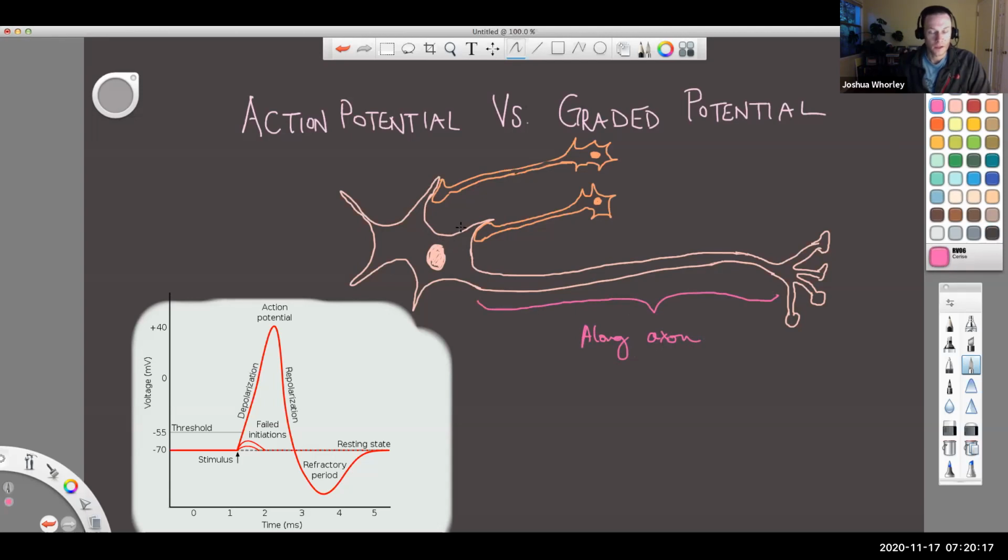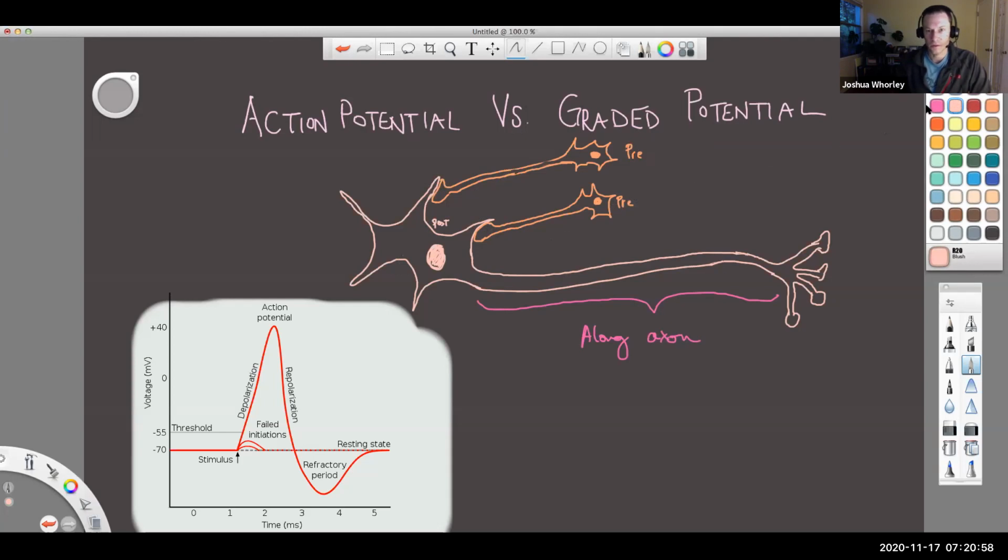And the reason they're occurring there is because they are basically collecting or responding to stimuli that are passed from presynaptic cells. This is a presynaptic cell here, and this is a presynaptic cell, and we're thinking about these focal synapses, with this being our postsynaptic cell. So this is where graded potentials occur. It's the place where synapses between cells occur, and where stimulation of these cells can occur.